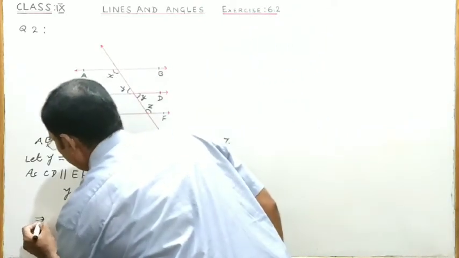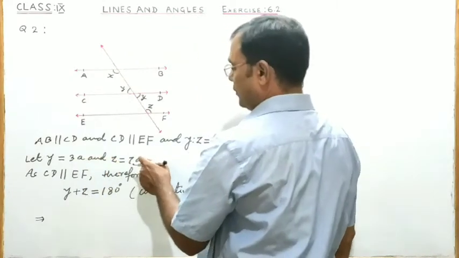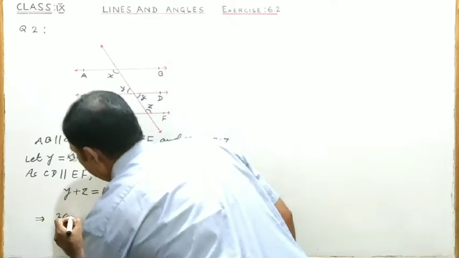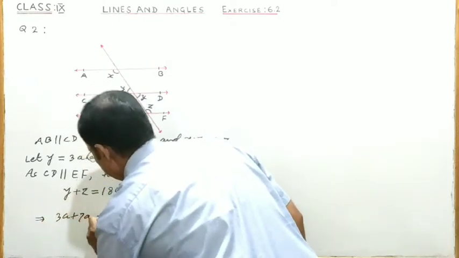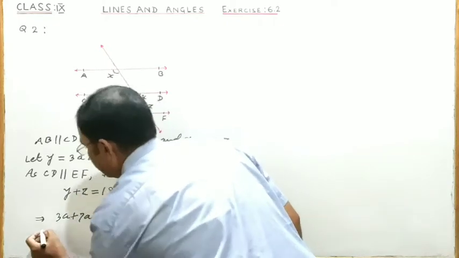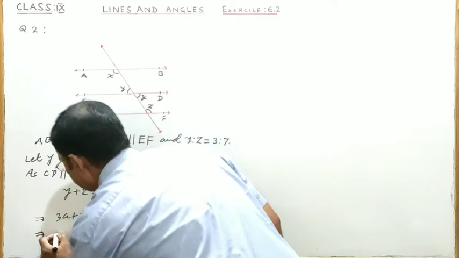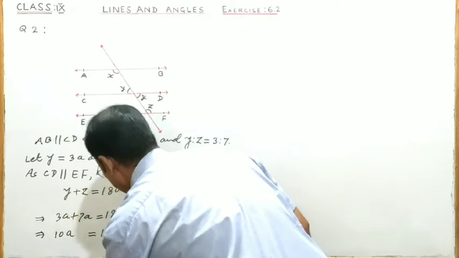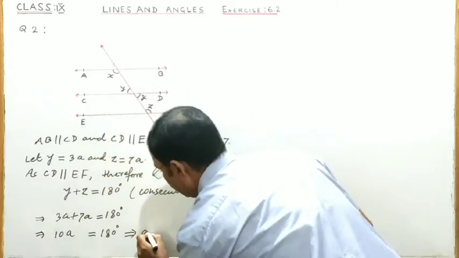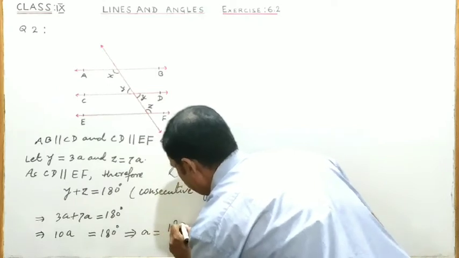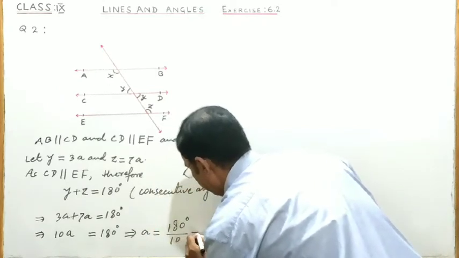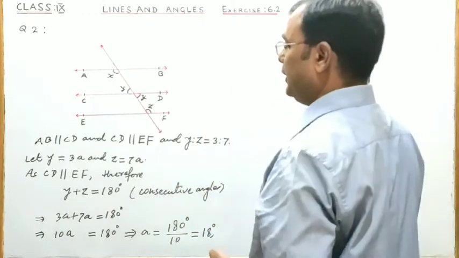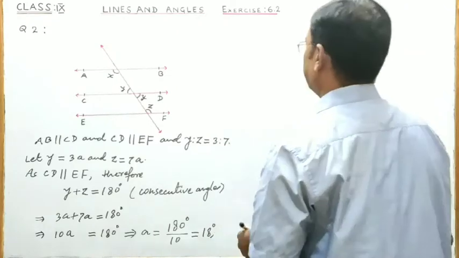Now let us put Y equal to 3A and Z equal to 7A in this equation. So we get 3A plus 7A is equal to 180 degrees, which implies 10A is equal to 180 degrees, which further implies A is equal to 180 degrees by 10, which is equal to 18 degrees. So value of A we have got 18 degrees.